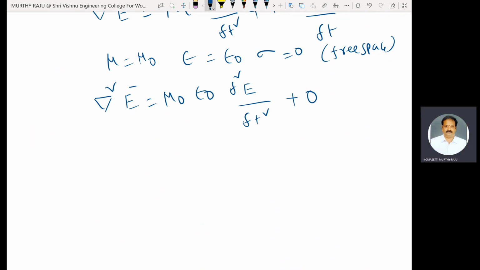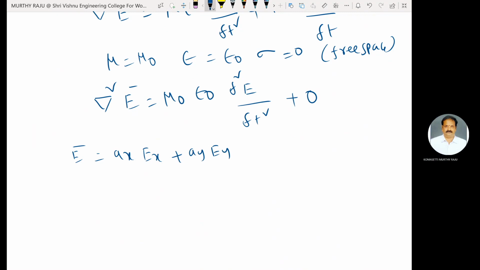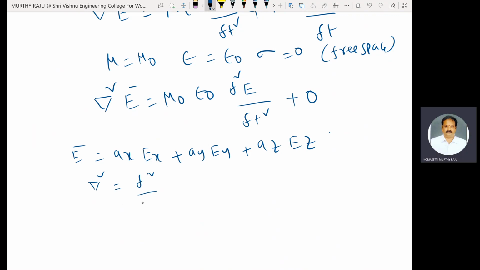E bar is equal to Ax Ex, Ay Ey, Az Ez. Del square is equal to dou square by dou x square plus dou square by dou y square plus dou square by dou z square.